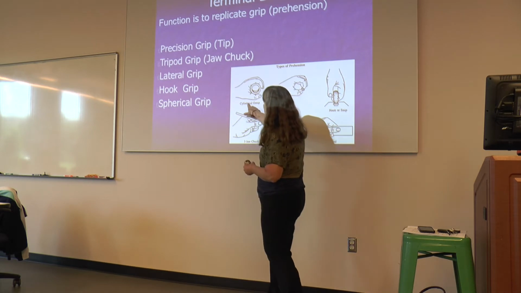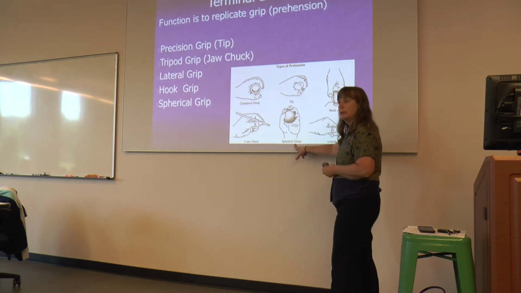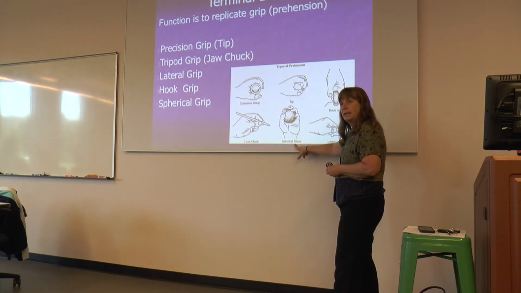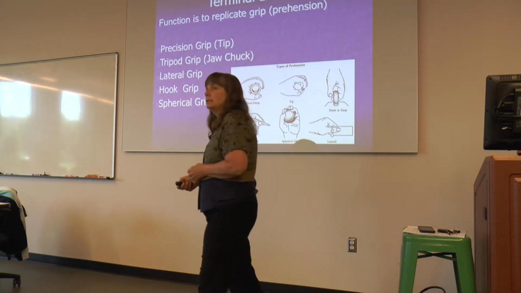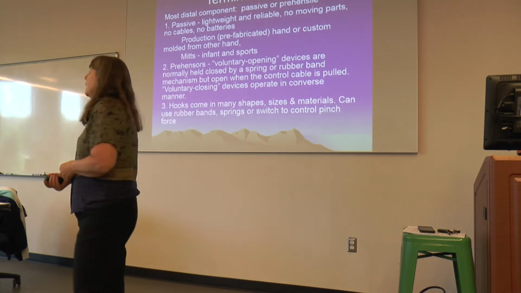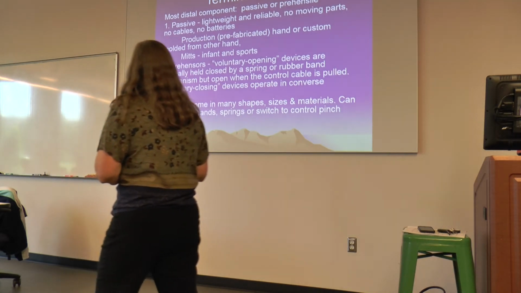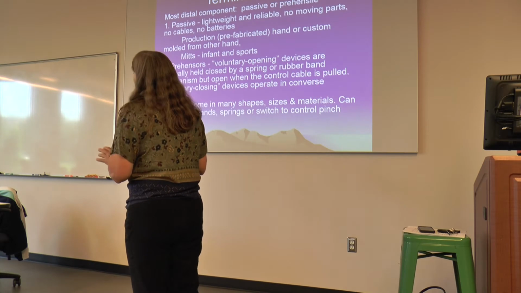You can see the difference between a cylindrical grasp and a spherical grasp. Okay? And the prosthesis needs to be able to do these different ones depending on what the person needs the function to be.